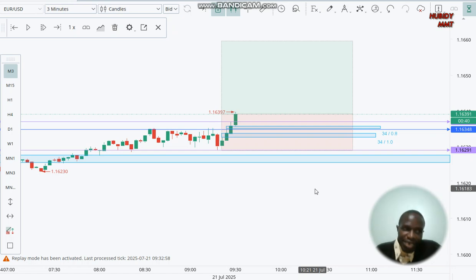The 30 minutes that is left plus the 2 hours. It's already 9:30 and the 4-hour candle will close at 12. So how many hours are remaining? 9:30 to 10:30, 10:30 to 11:30, 11:30 to 12. So that is 2 hours 30 minutes, our trade duration.